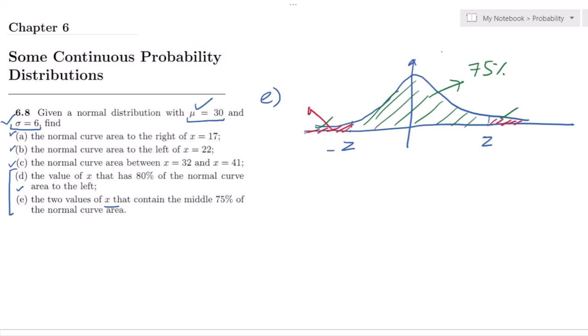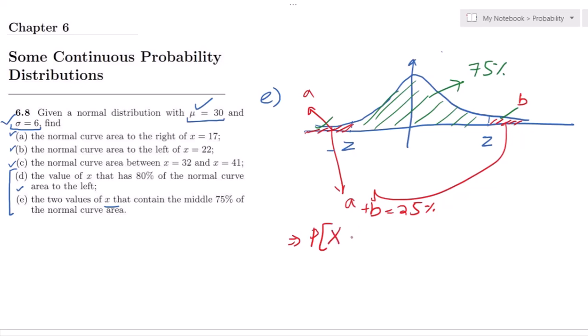Let me call this one A, this one B. So this A plus this B is the remaining 25%. This area is the probability that x is less than or equal to minus z, plus this B is the probability that x is greater than or equal to z.